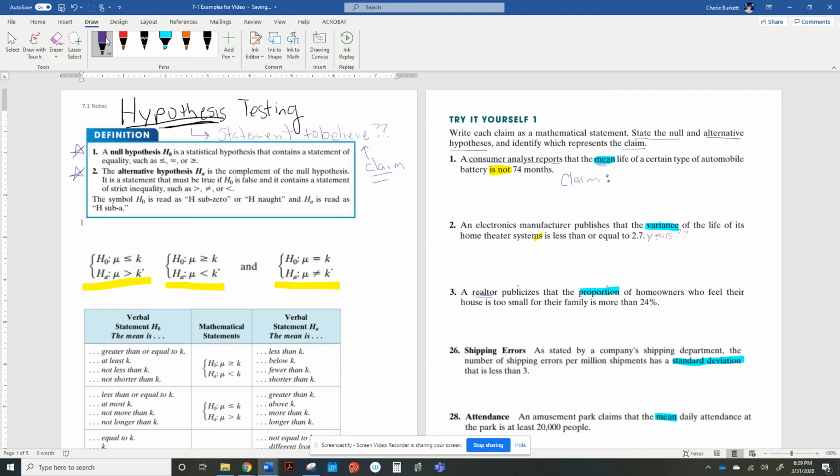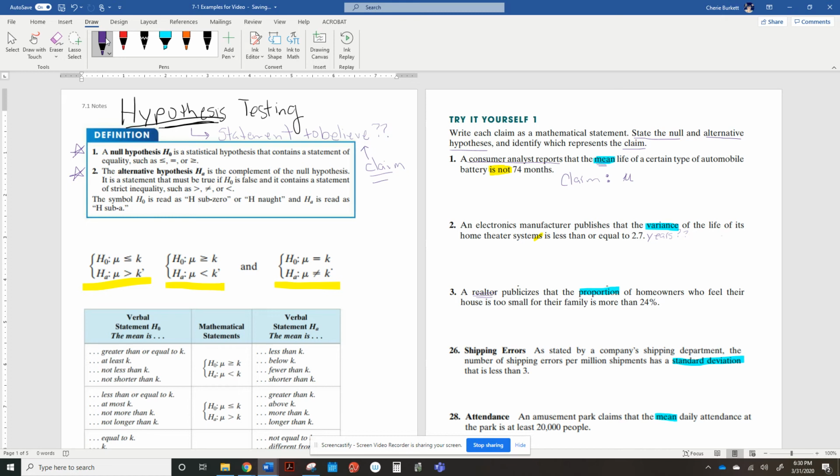I used the blue to indicate that we've got to change that to a symbol. Well, we know that the symbol for that is mu. Okay, so mu. And then it says the mean is not. So how do we write is not?